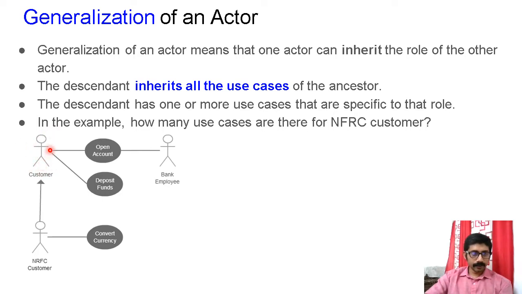This is a base type, and from the customer we have a specialized form, a special type of customer, NRFC customer. So can you tell how many use cases there are for this NRFC customer? The NRFC customer is inheriting all the use cases of the parent. That is, the parent actor has 2 use cases. So obviously, this NRFC customer will have 2 plus 1, 3 use cases.